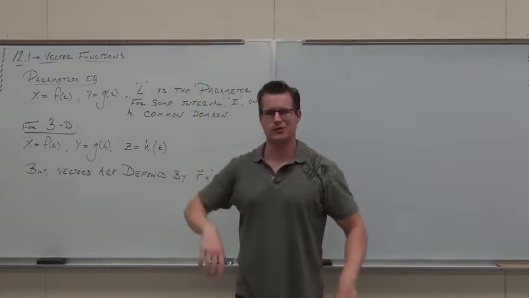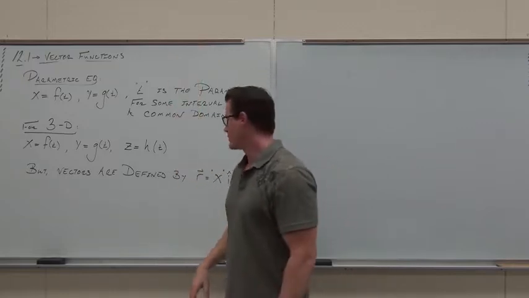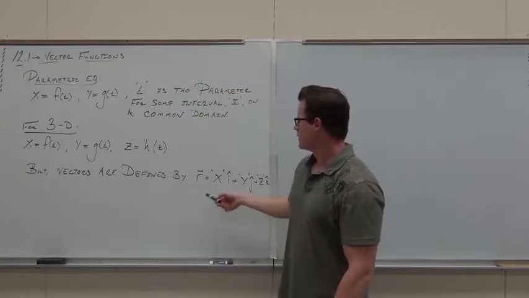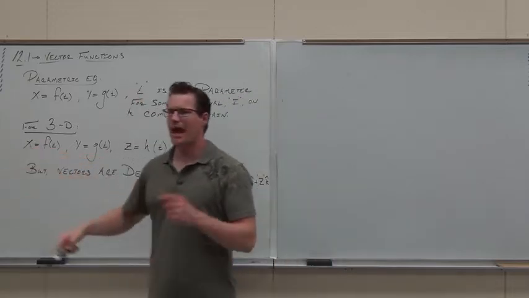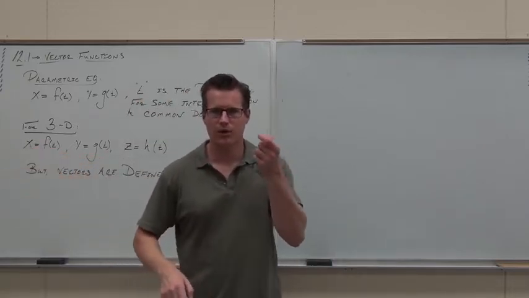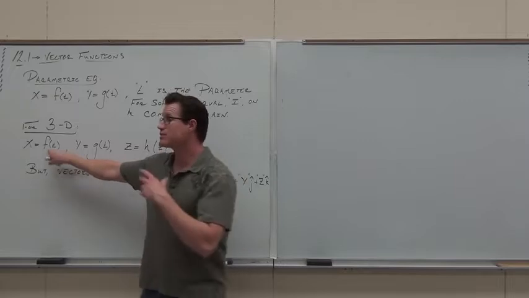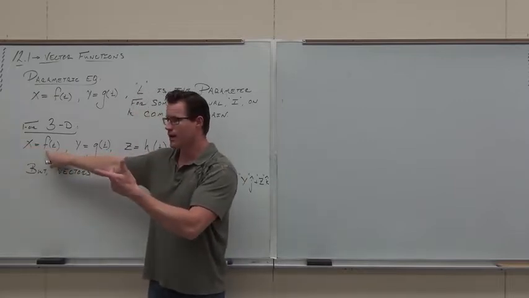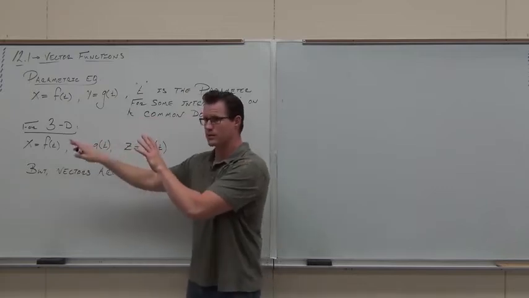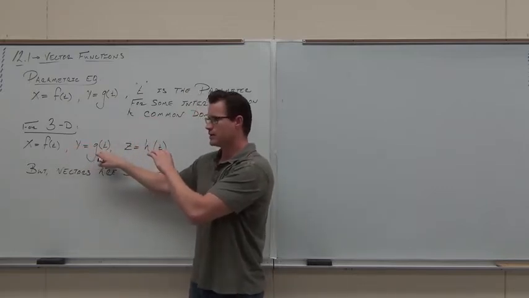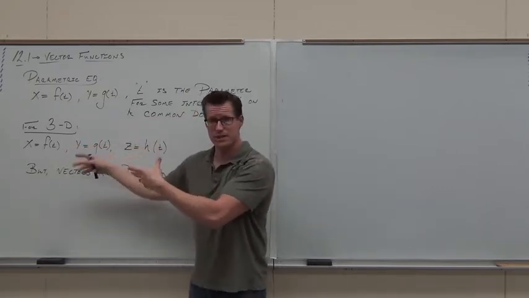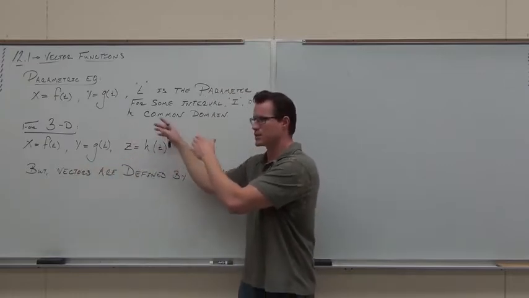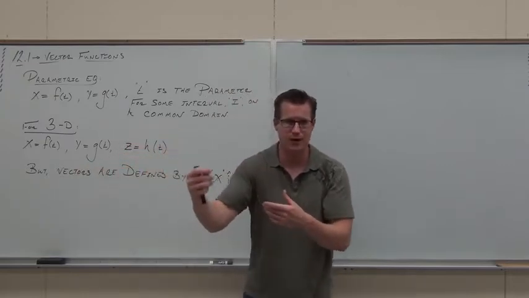But wait, there's more. If we look back at this, what if we don't have an actual number x? What if we have this function that gives us a number x depending on what t is? What if we don't have the number y, the coordinate y, we have a function that gives us the number y depending on what t is? What if we don't have the number z, we have a function that gives us what the z is depending on the value of t?